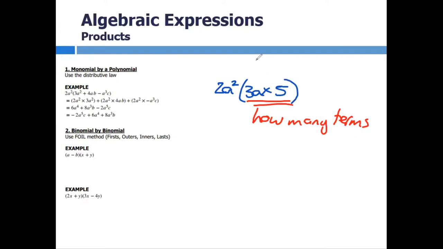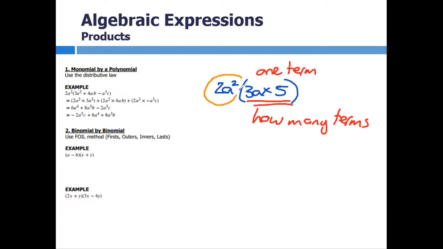There's one term inside. Oh, sorry, now I'm mixing my numbers and my writing. There's one term inside those brackets. Remember, terms are separated by plus and minus. So my distributive law says that I need to multiply by every single term.